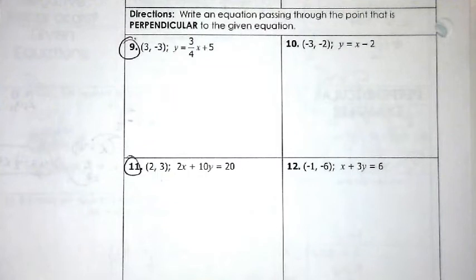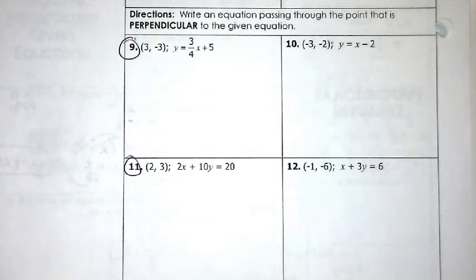Let's set it up like this. Where's this 5 coming from? That's not your slope, though.